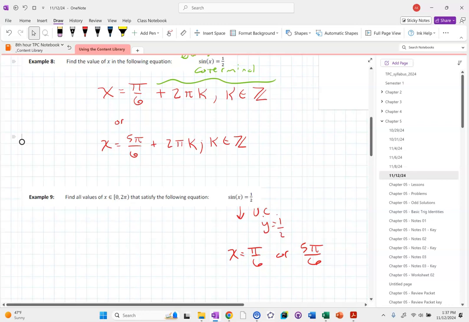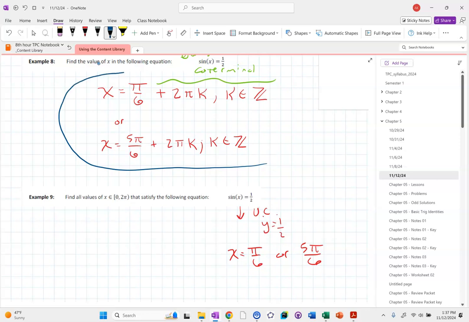Now, the other way that I can think about that is if I take my infinite solution way, and what if I just fill in a value for k, right? These infinite solutions can generate as many answers as I want by just plugging in a value for k.